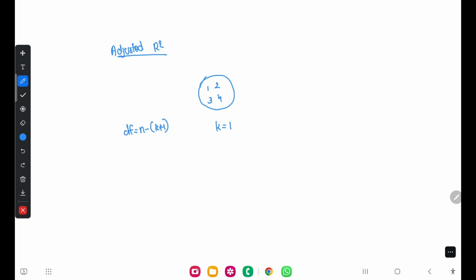I hope that you all know what degrees of freedom is. We take the sample size and reduce the number of independent variables by adding 1. Let's say for example this is a simple linear regression, beta naught plus beta 1 x.